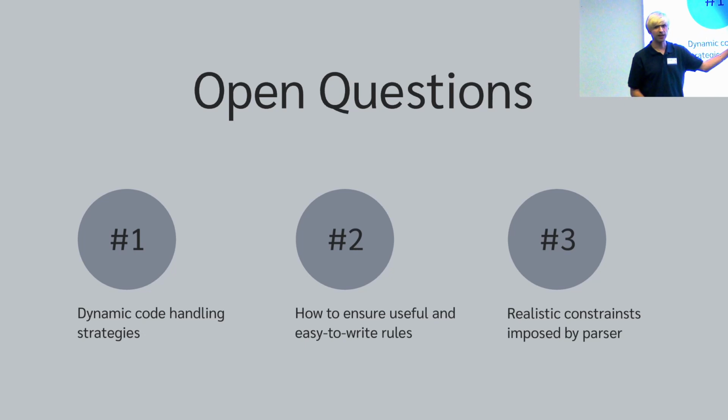But we don't know what this is going to look like. That's one of the challenges. It's a whole UI and UX kind of issue around writing this tool database. And then there are realistic constraints around the parser. What was the one that we put in recently?